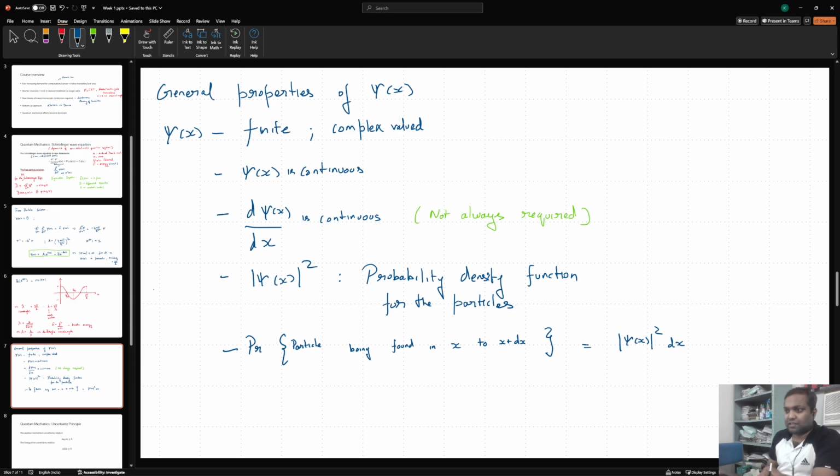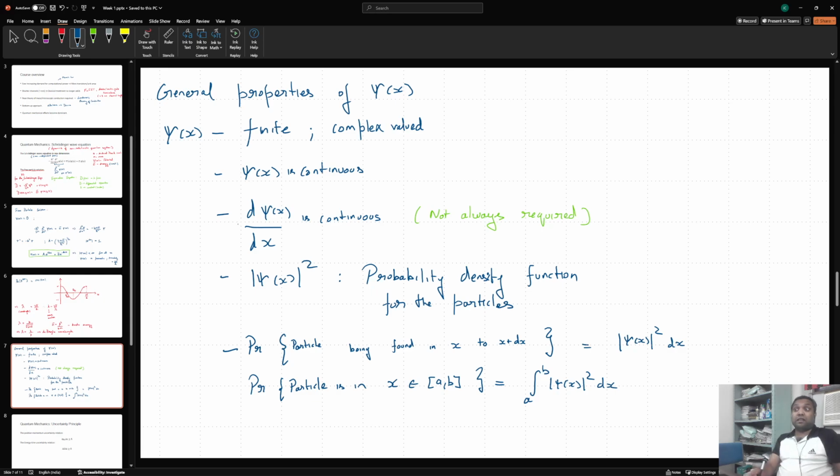Perfect. So alternatively, the probability that the particle is in x which belongs to some interval a to b, like 2 points on the x-axis a and b, is given by the integral from a to b of mod psi of x squared dx.